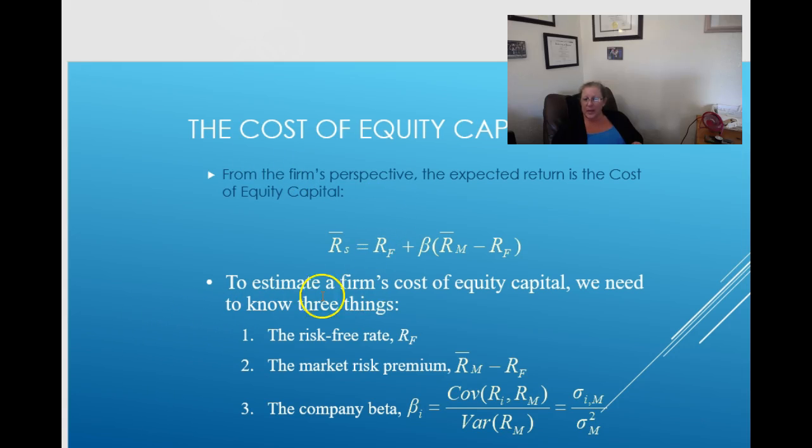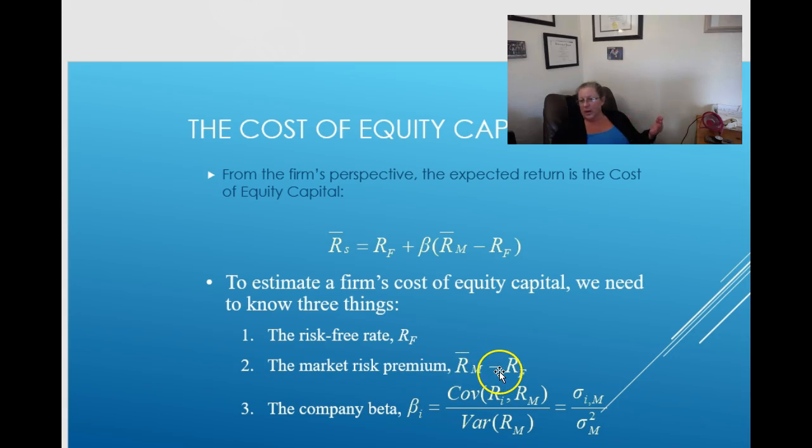To estimate the cost of equity capital, we have to know the risk-free rate, which is R sub F. We have to know the market risk premium, which is represented by R sub M minus R sub F. What that means is the amount that the market demands over the risk-free rate.